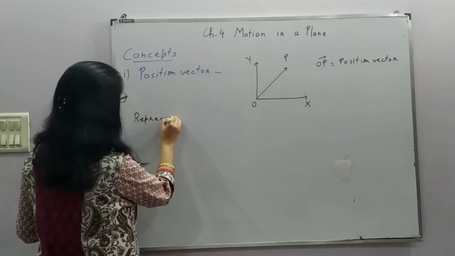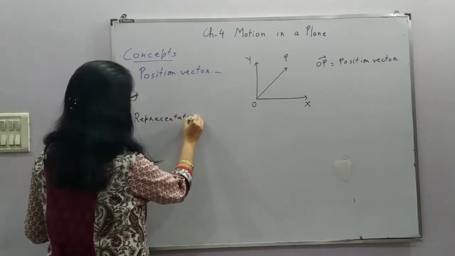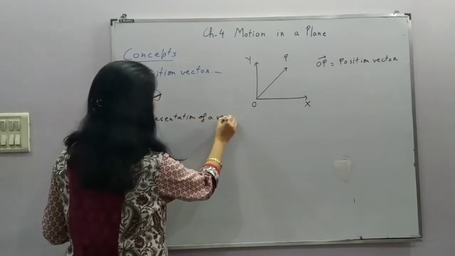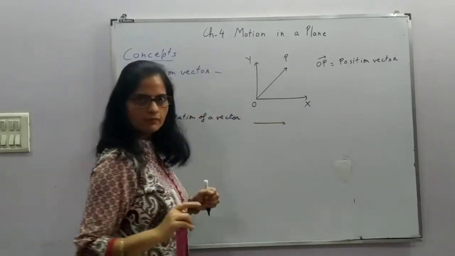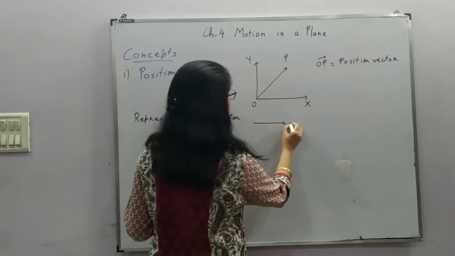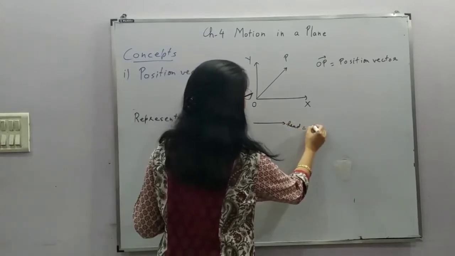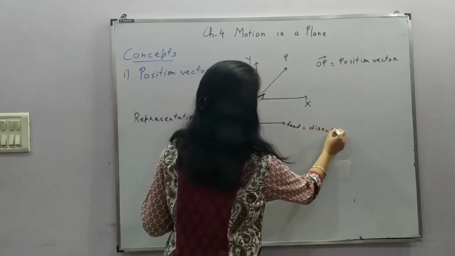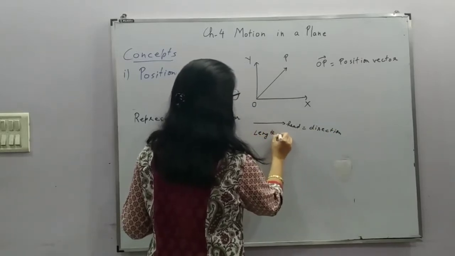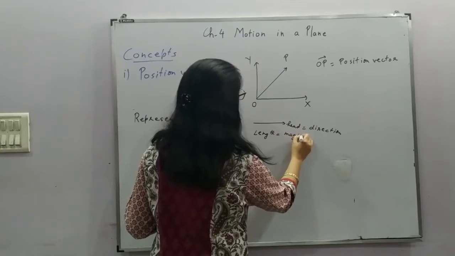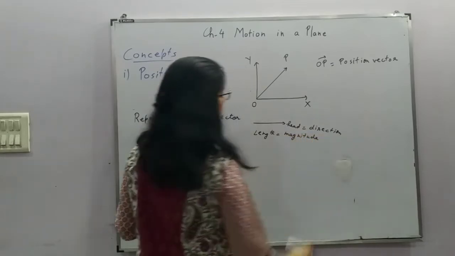Representation of a vector is by an arrow. So the head gives the direction, this length gives the magnitude, right?